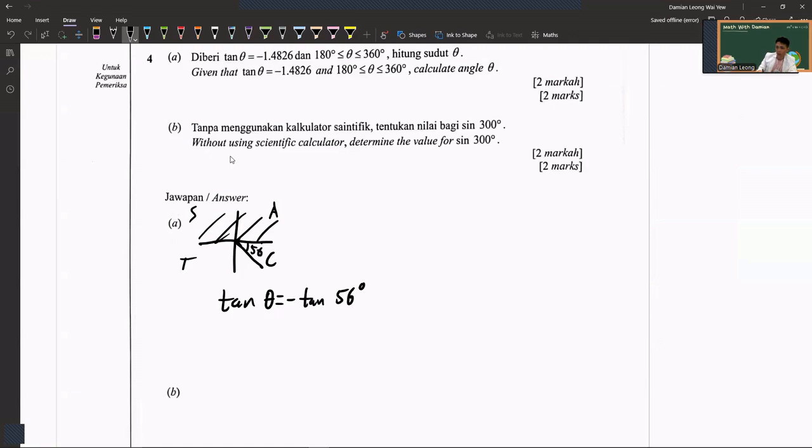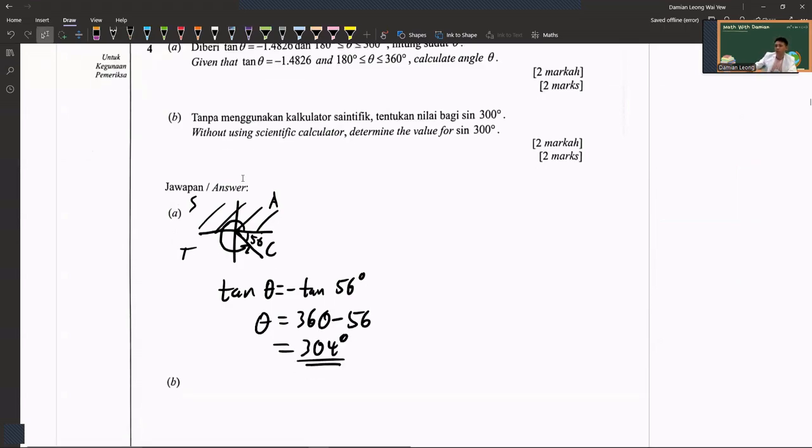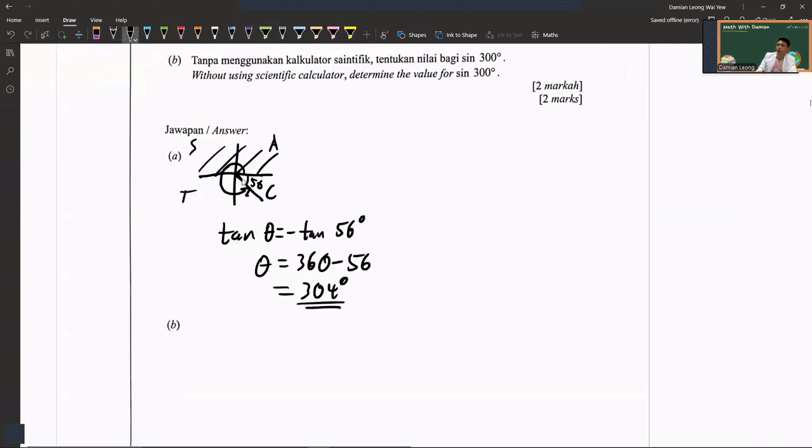What I want is the general angle, so theta is 360 minus 56, which is 304 degrees. That's part A. Part B, without using a scientific calculator, determine the value of sine 300. So sine 300 is until here. If this is 300, then this is 60 degrees.